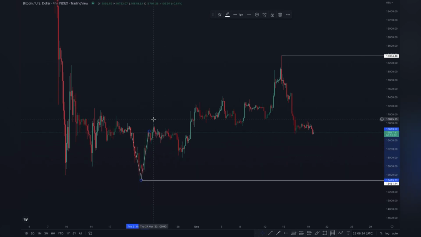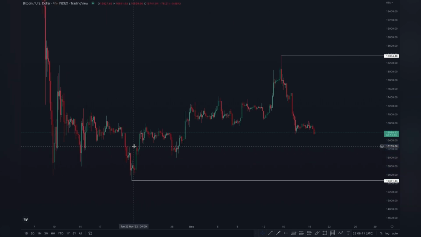Since we have the same kind of momentum to the upside, it is now an impulsive correction, because this whole place is a correction. The correction is supposed to continue, but it is now giving us impulsive corrections within the correction. They are supposed to be corrections, but they are now impulses, right?